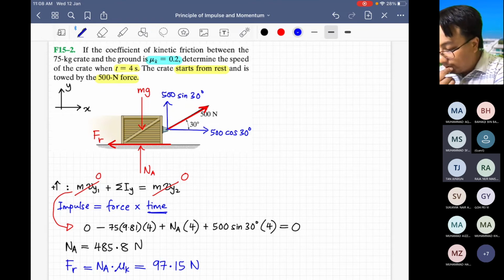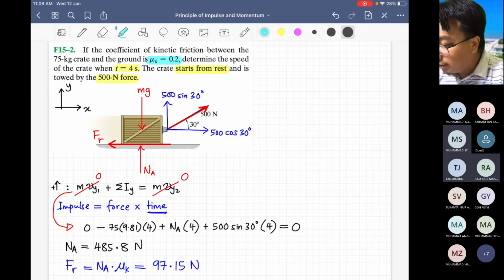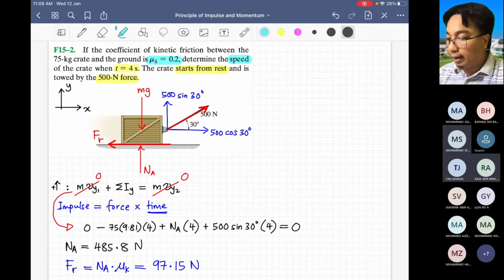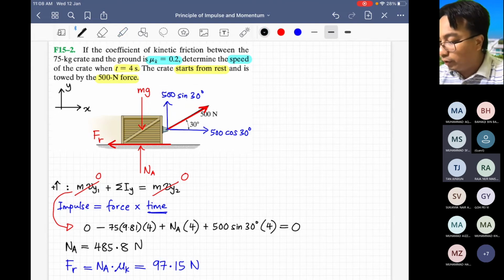Okay, so what we have done so far is kita dah calculate the value of normal force, and therefore with the value of normal force kita dah calculate what is the value of friction force. Sekarang dia nak tahu the speed of the crate when time equals to 4 second, and we know that the crate is moving to the right.